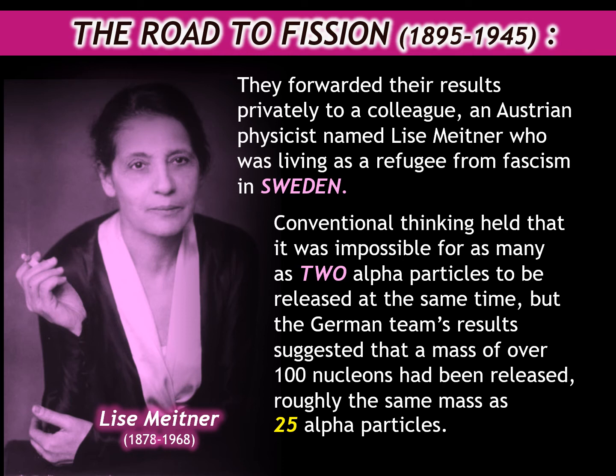That's about the same mass as 25 alpha particles. And so what's happening here is you're getting a loss of mass that is 12 to 13 times greater than what you should be getting. It doesn't make sense, and they don't understand what's happening, and so they turn to the theoretical physicist, their colleague, Lise Meitner.